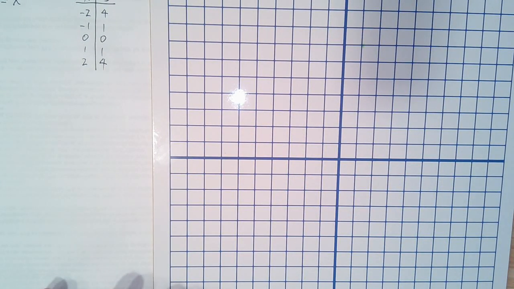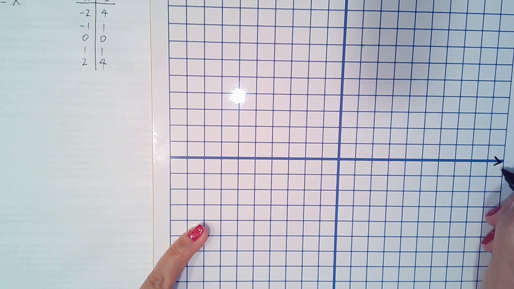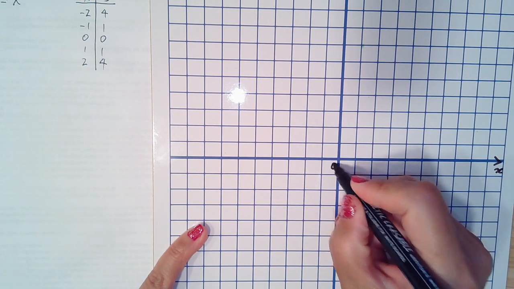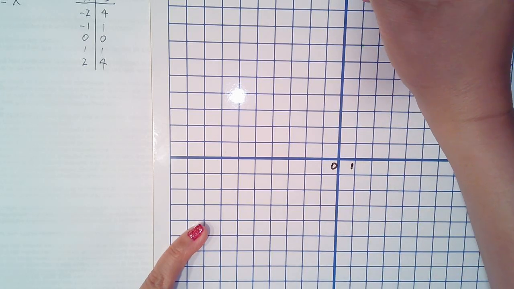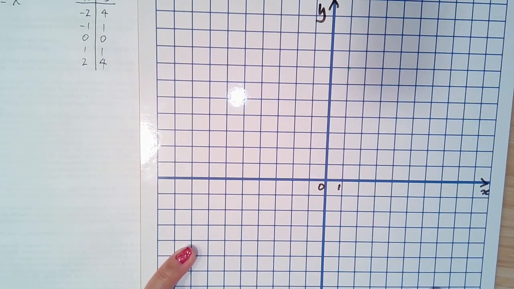All right, so when I graph, let me get this one. Okay, so this is my x-axis. Here's a 0 and here's 1, and this is my y-axis. I'm so sorry that you cannot see. Okay, I do it there.